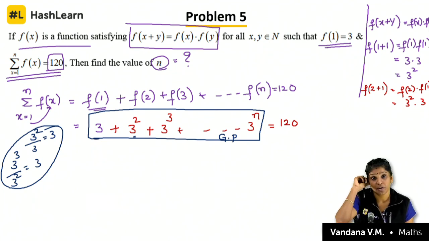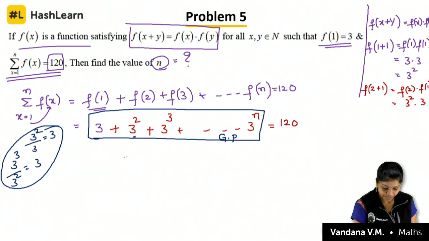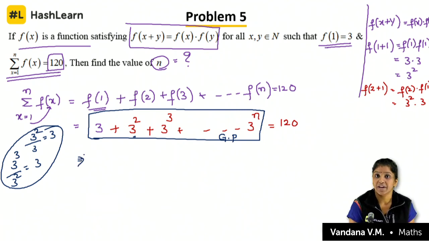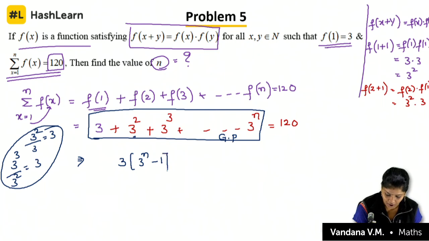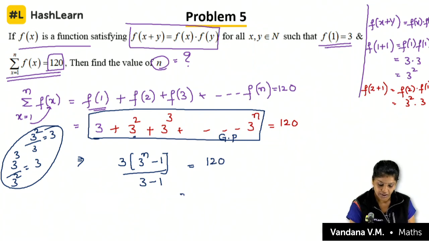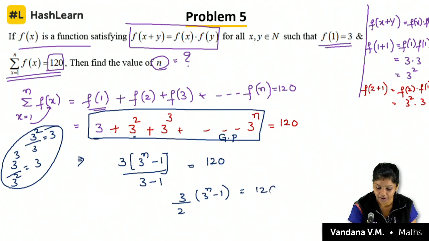What is the formula for the sum of n terms, you see? I told you already, the common ratio is greater than 1, right? So a into 3 power n minus 1 by 3 minus 1 is equal to 120. 3 by 2 into 3 power n minus 1 is equal to 120.